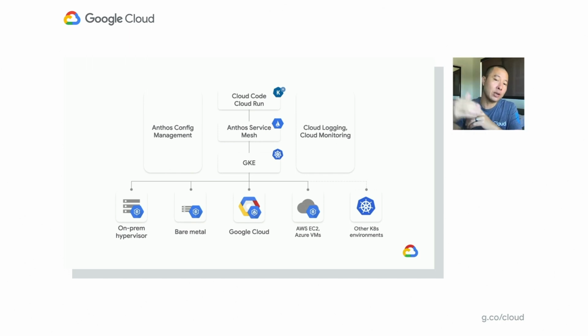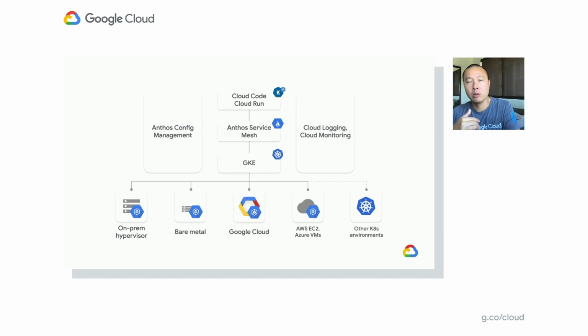But on top of that, it provides opinionated components to enable additional services. GKE for container management, Anthos Service Mesh to manage your service mesh deployments powered by Istio. Cloud Run to provide a serverless framework.